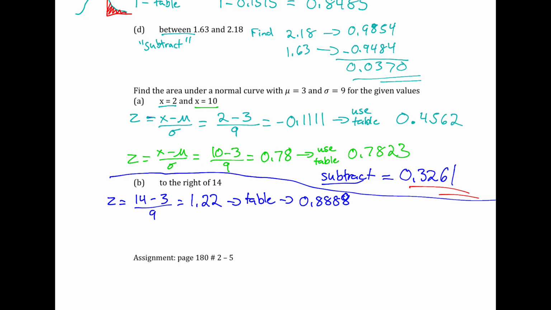Then what we'll do is, since it's to the right, I have to go 1 minus 0.8888 equals 0.1112 as my final answer to this part.